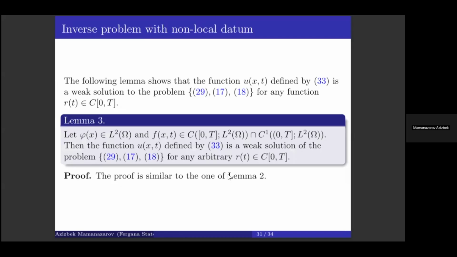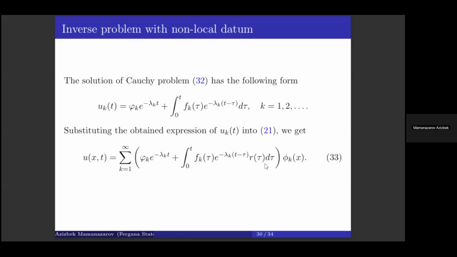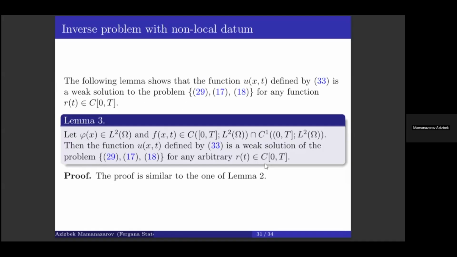And first we proved that, on the assumption that r of t is a continuous function, the function defined by equality 33 will be a weak solution of our problem if phi and f satisfy the following conditions.